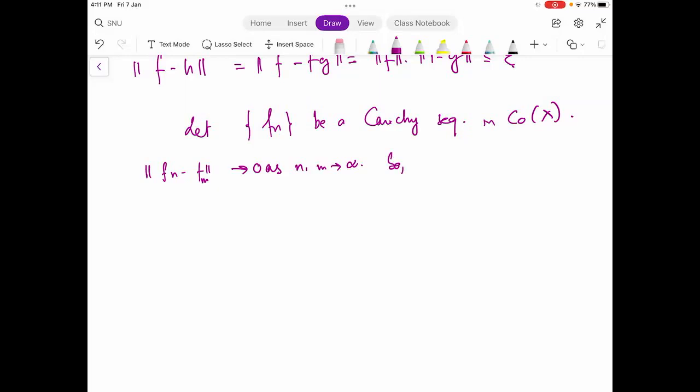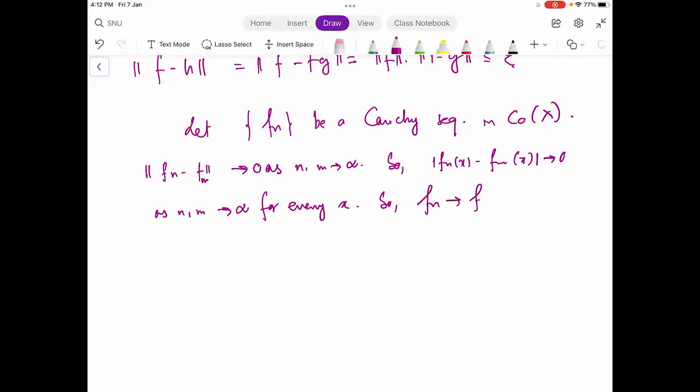So |f_n(x) minus f_m(x)| goes to 0 for every x. So there is a limit function, a pointwise limit function. f_n goes to some f pointwise.